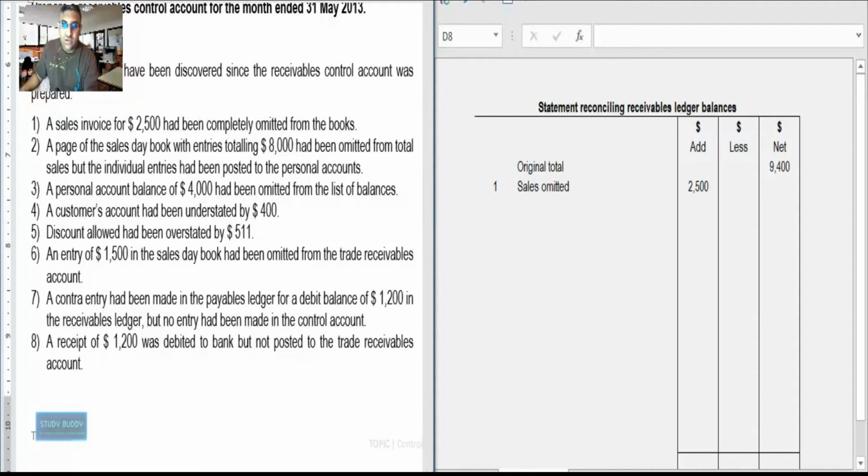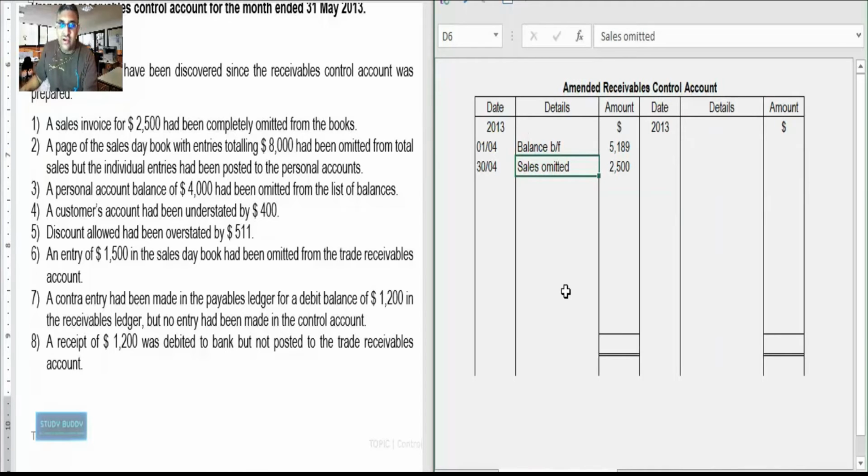So such an error has to be corrected in the amended control account only. Sales have been omitted, so we have to debit the amended receivables control account. So these are again sales omitted of the same date, 30th of April.